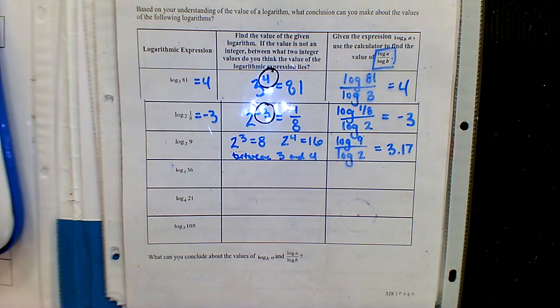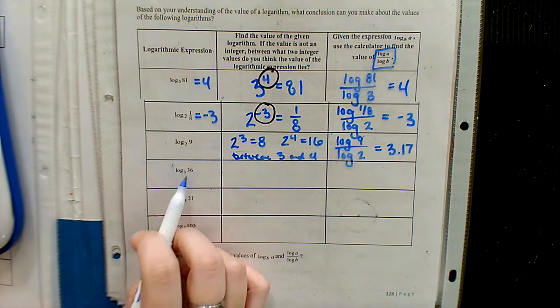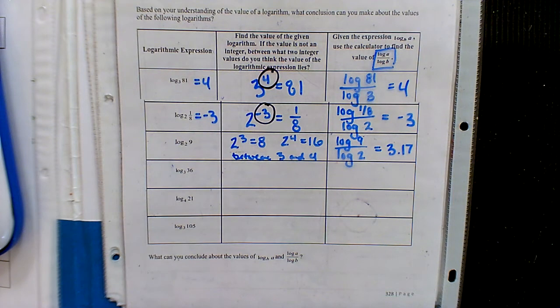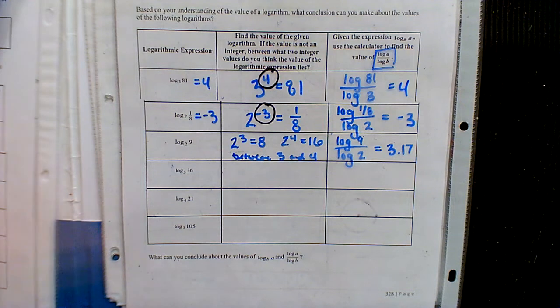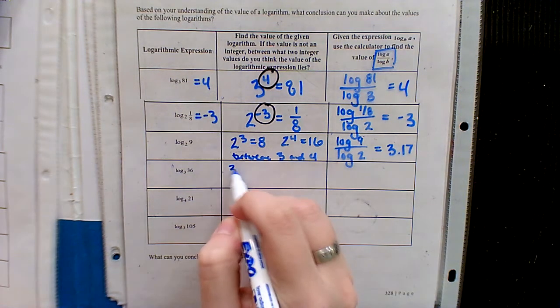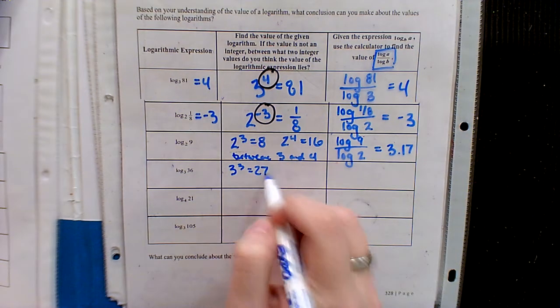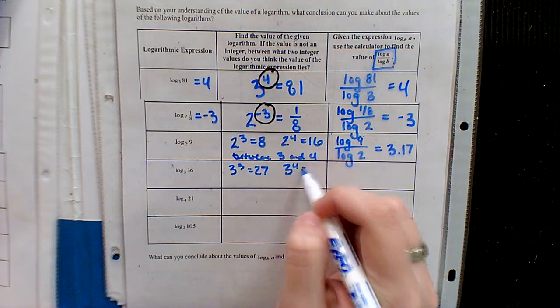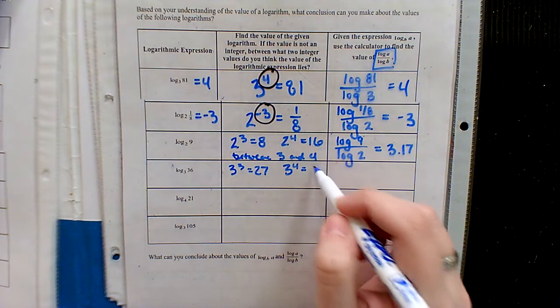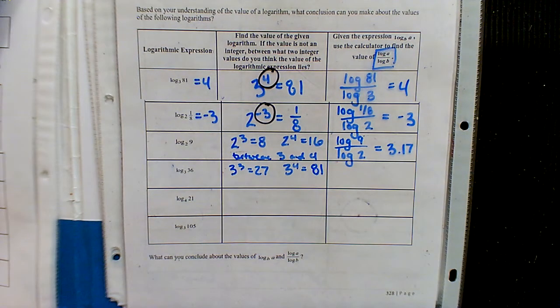Let's try another one. What power do you have to raise 3 to get 36? If it's not a whole number, it's probably in between two whole numbers. Okay, so 3 cubed is 27. 3 to the 4th is 81.